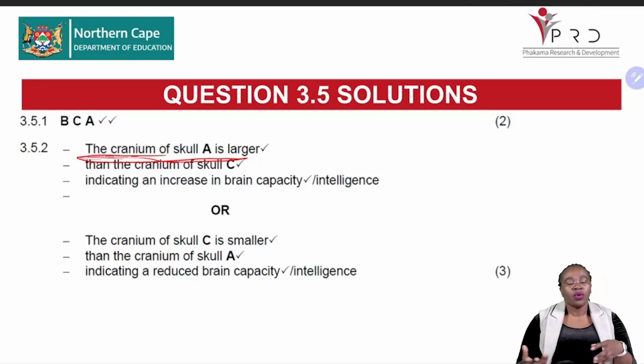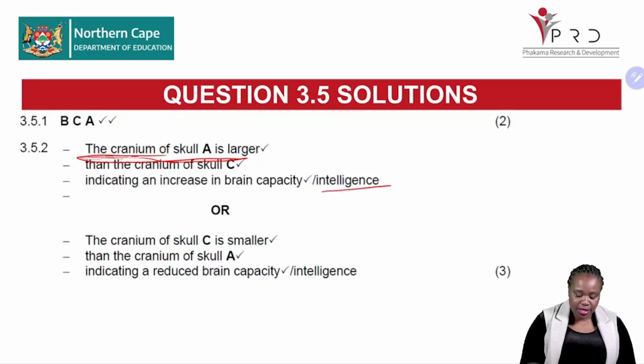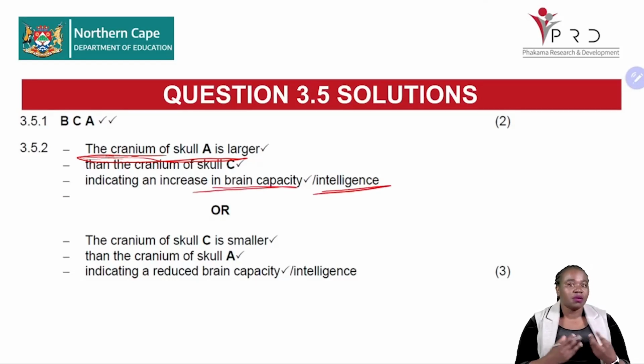Now remember, when you talk about increased brain size, we are then going to start talking about increased intelligence, right? It means that as evolution took place and these modern species evolved, they were more intelligent. It meant that they had now an increased brain capacity. They were able to do things better than the previous ones.